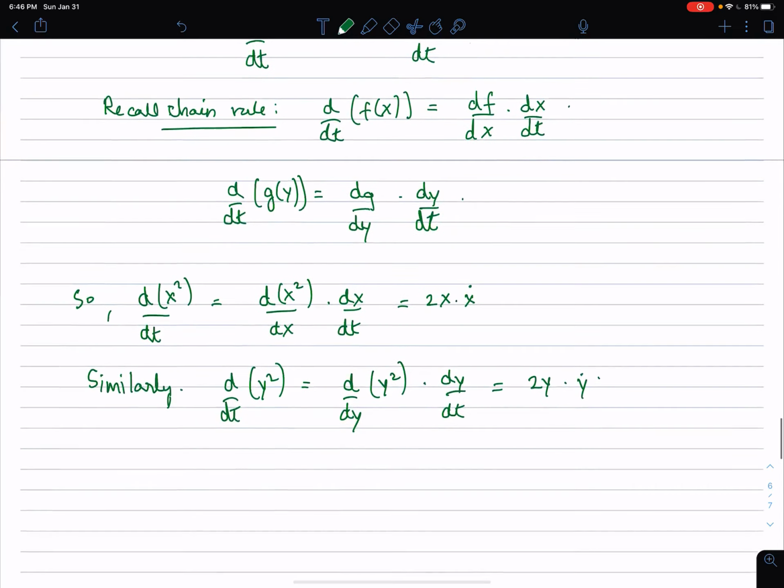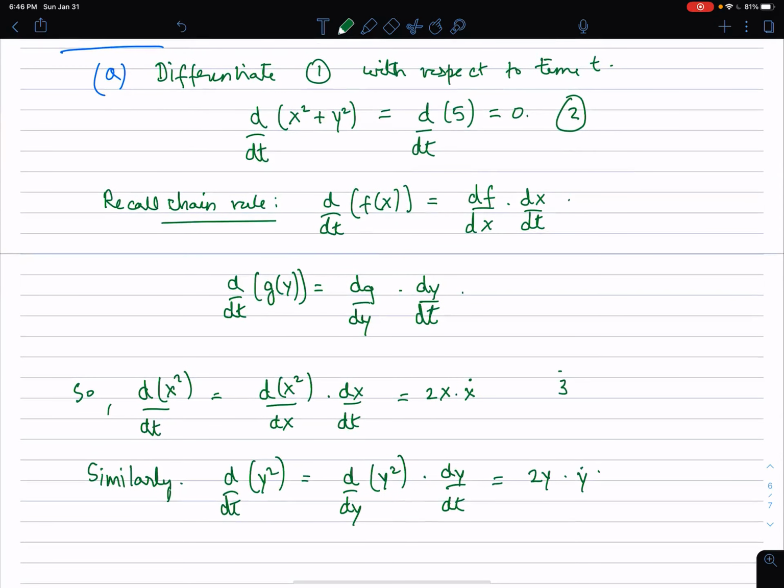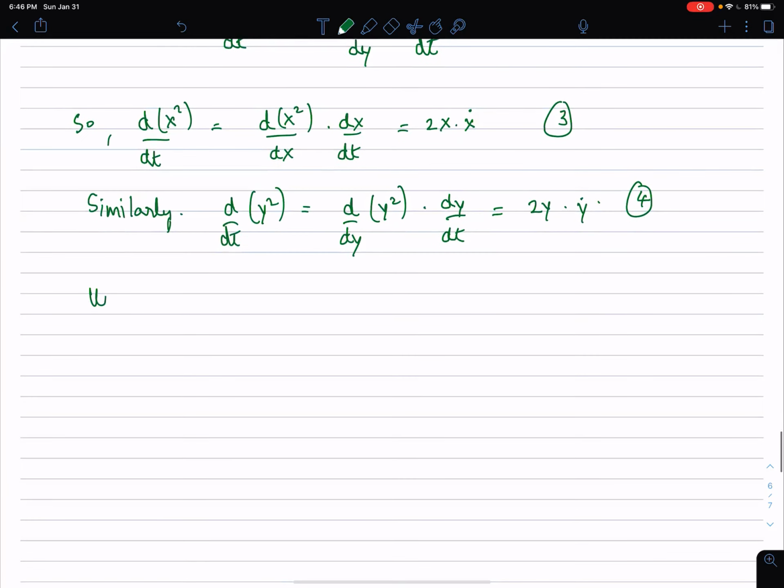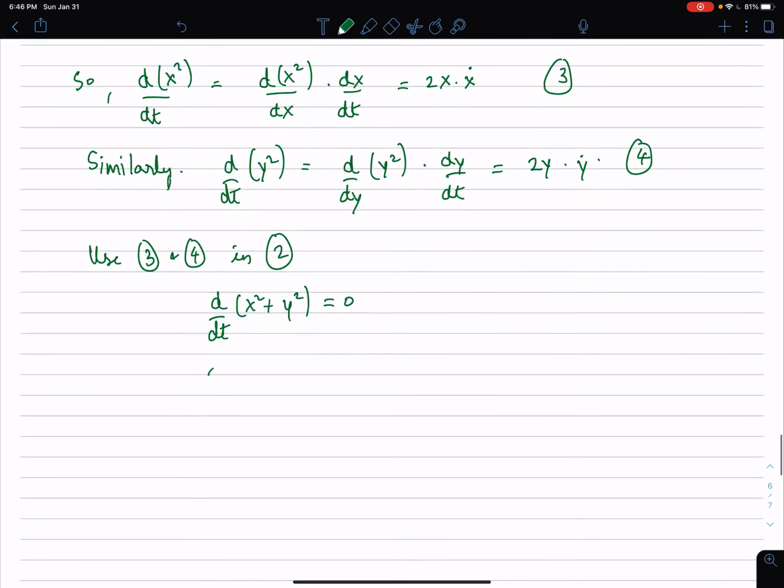So we call this 3, call this 4, and use 3 and 4 in 2. Equation 2 is basically d by dt of x squared plus y squared equal to 0, and when we plug in 3 and 4, we get 2x x dot plus 2y y dot equal to 0.